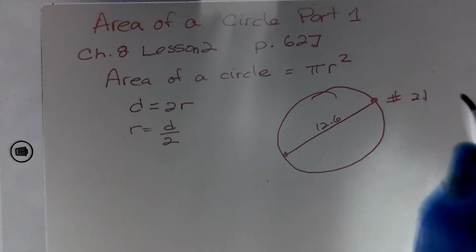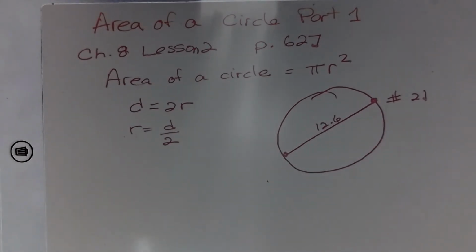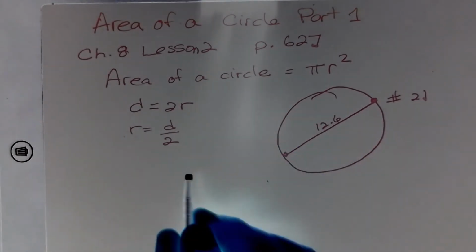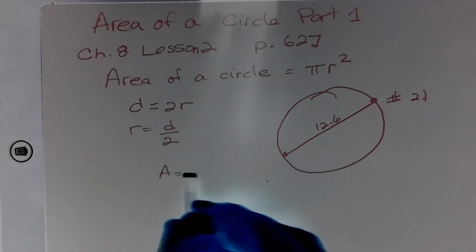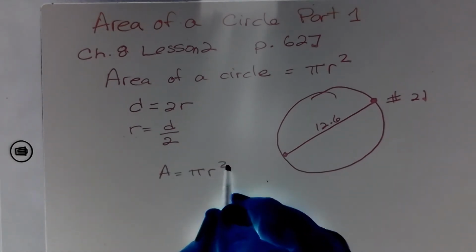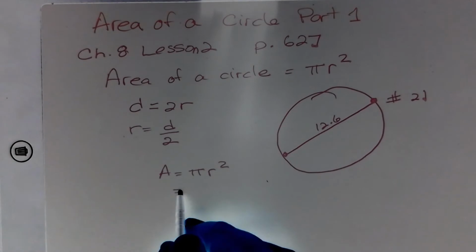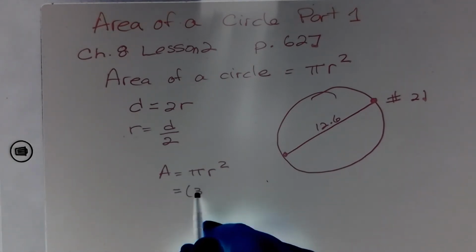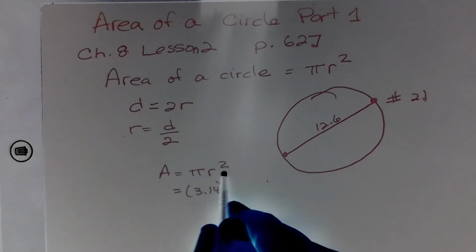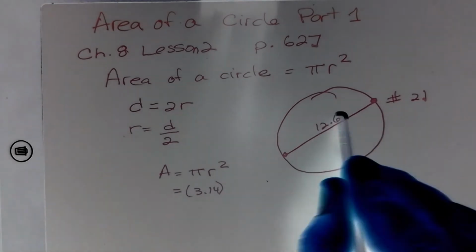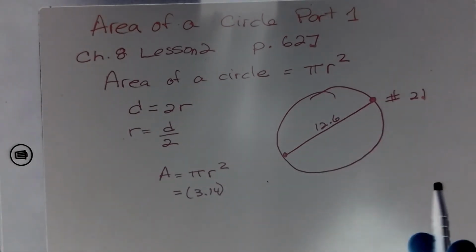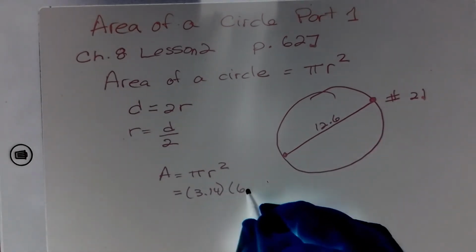If we're given this, notice that the formula is area is equal to pi r squared. We know what pi is, 3.14. R, we need to find r, which is what? 6.3. Very good.